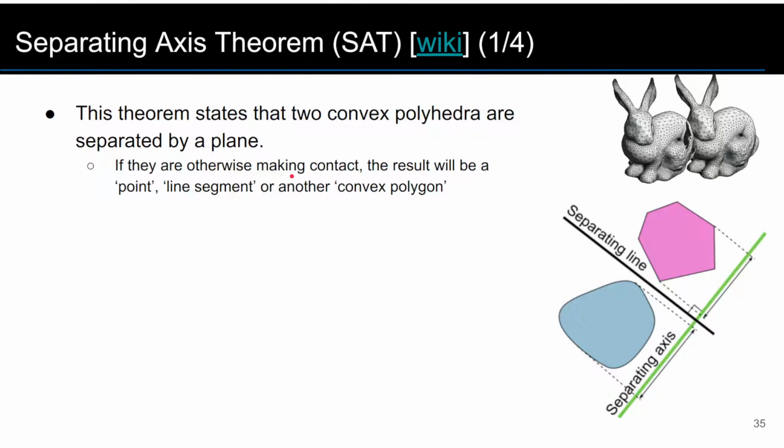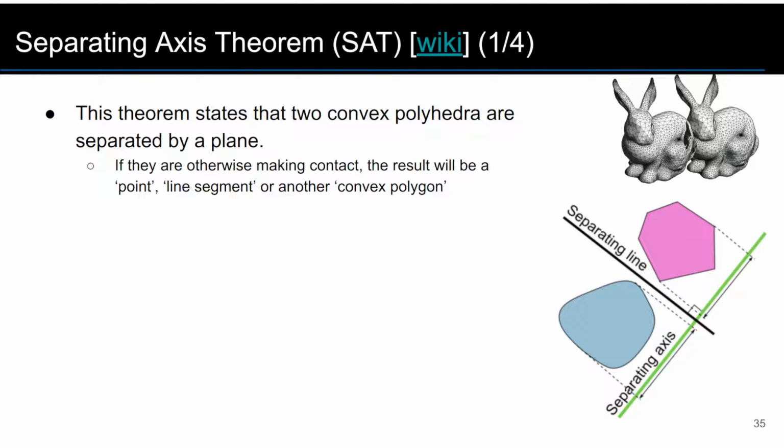And what we're going to do is take one of these triangles, again, say the bunny's nose here, and we want to project that position. We have a tool for this in linear algebra, projection onto a line. And we do this in the x, y, and z axis. If there's overlap in all three, the x, y, and z axis, there must be some sort of collision.